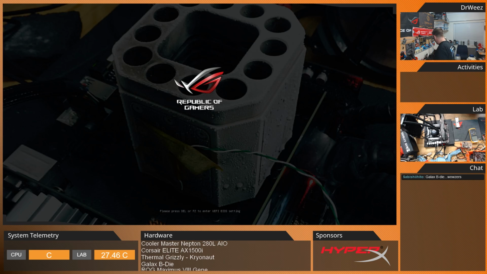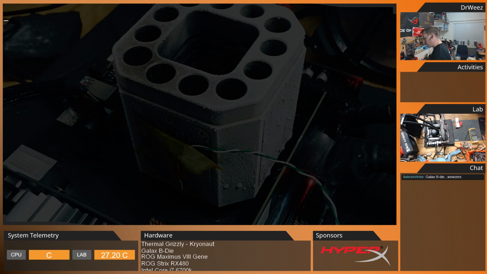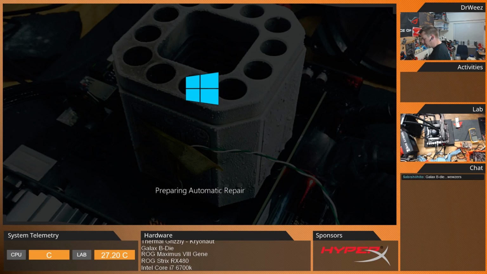Right, so it appears I do have a set that is superior to another set. I won't have to get those sent in for RMA because they won't even run XMP.